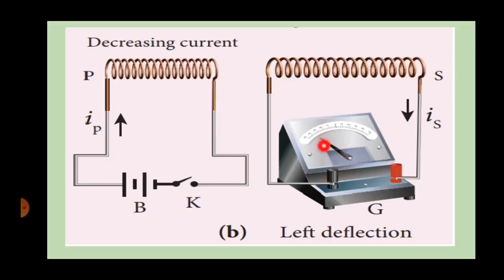Now see, because the current in C1 decreases from maximum to 0, the magnetic flux linked with coil C1 decreases, and hence the magnetic flux linked with coil C2 also decreases. This causes the deflection in the galvanometer in the opposite direction.